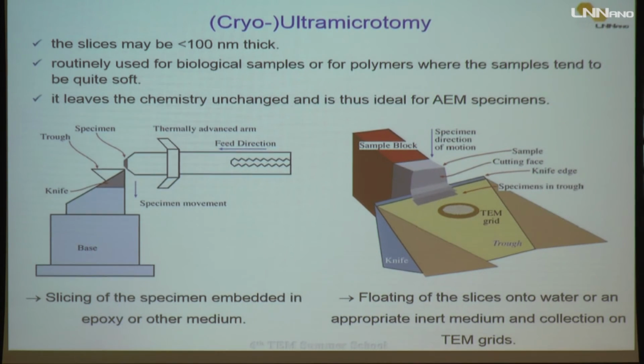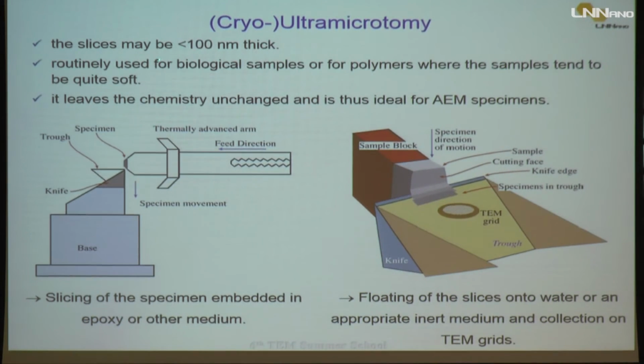Here I will show about the ultramicrotomy. We have the possibility to do microtomy in cryo conditions. You can cool down your specimen, your sample to liquid nitrogen temperature, where the material starts to be very hard, very brittle, and then when you cut it with the machine, you have very precise slices of your material.